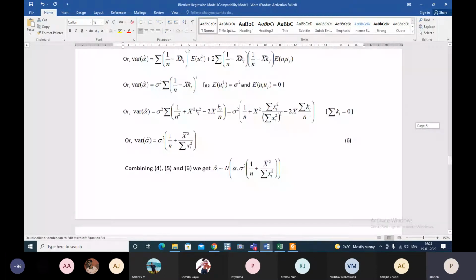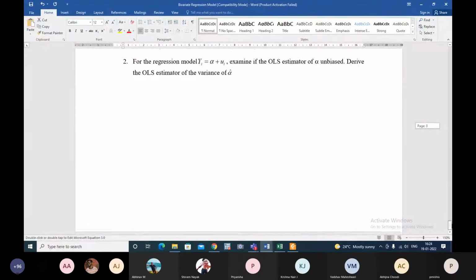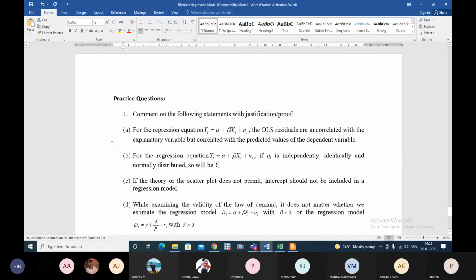There are two components in the question, but correlated with the predicted values of the dependent variable. What about this? U hat I, Y hat I. What is the covariance between the two? Is it 0 or different from 0?